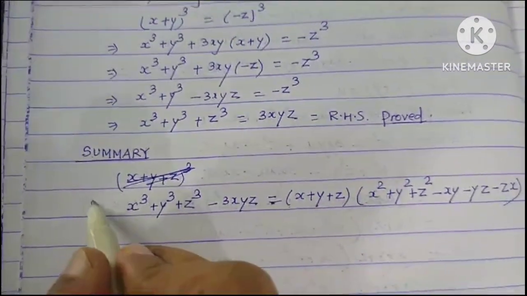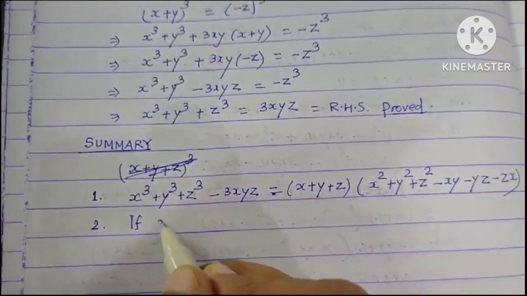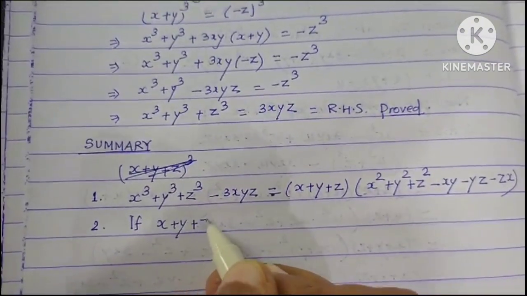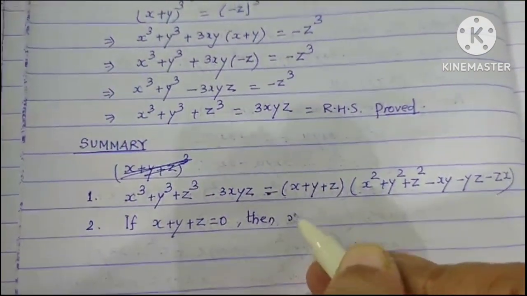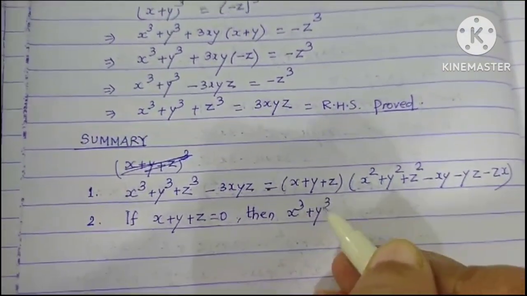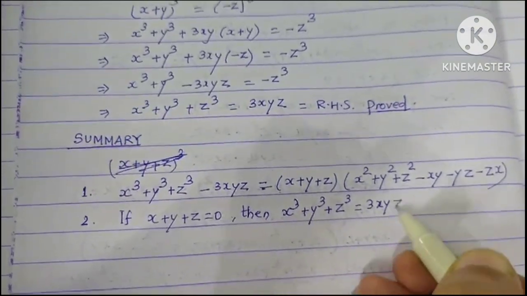And the second one, if x plus y plus z is equal to 0, then x cube plus y cube plus z cube is equal to 3xyz.